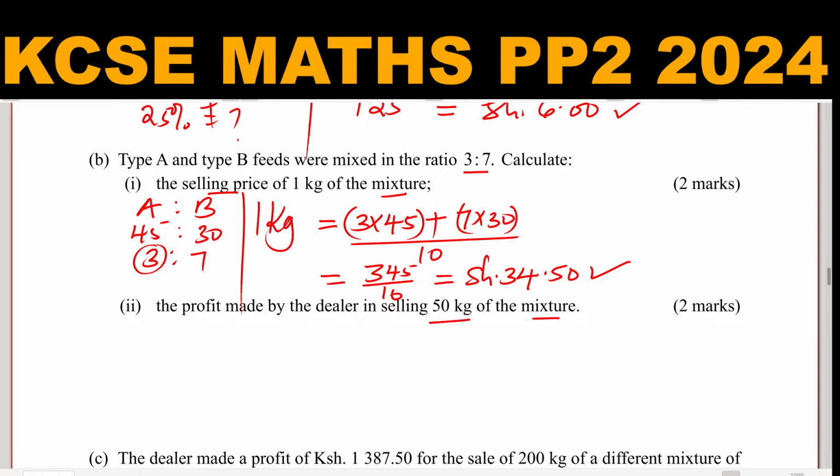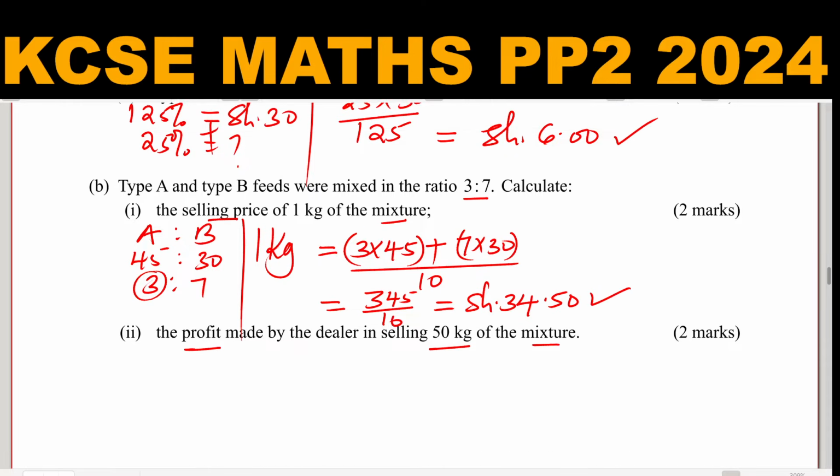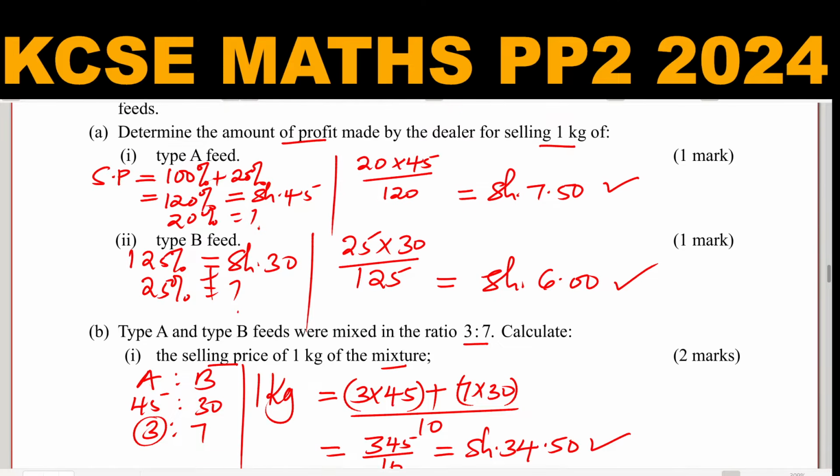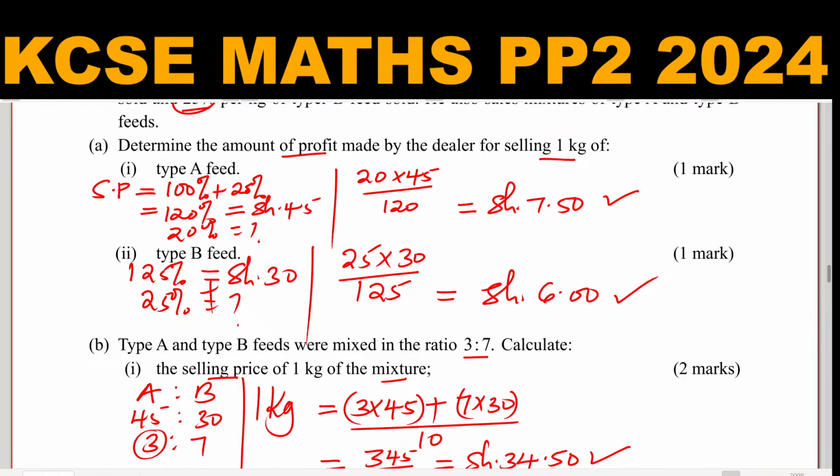Now we require to calculate the profit made by the dealer in selling 50 kg of the mixture. Let me take you to the previous part. We calculated the profit for type A feed and for type B feed, but what we don't have is the mixture. What will be the profit of the mixture?